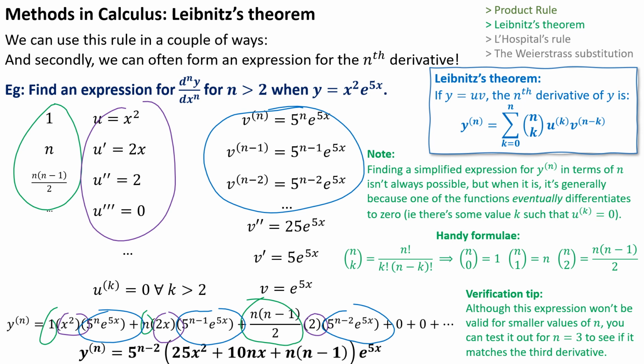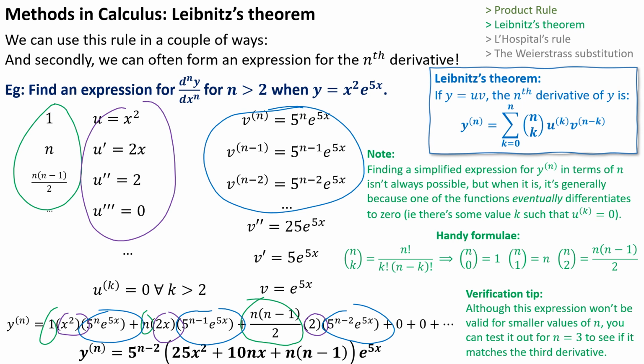Here's a handy tip. It's not particularly quick and easy, but if you are getting in a muddle with the nth derivative problem, try perhaps the base case or the first case that you can. If the rule needs to be true for n greater than 2, we can test out n equals 3. Just try differentiating 3 times, like we did with the previous examples, and see if what you get matches what we've got here.